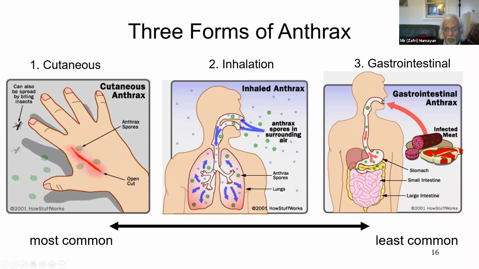This is the next most common. This is also the form of anthrax that has been weaponized as a biological weapon. And the least common is the gastrointestinal form, where you ingest food that has spores. The spores survive the gastric acid and germinate in the intestine, and they can produce the toxin, which is then absorbed and leads to systemic intoxication.